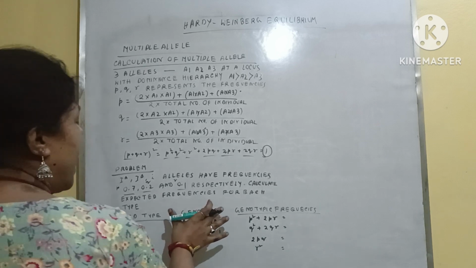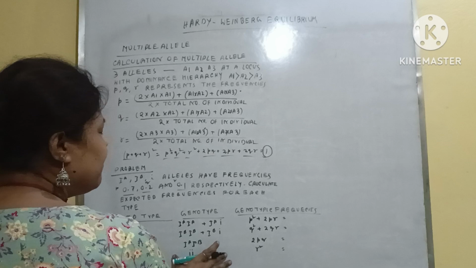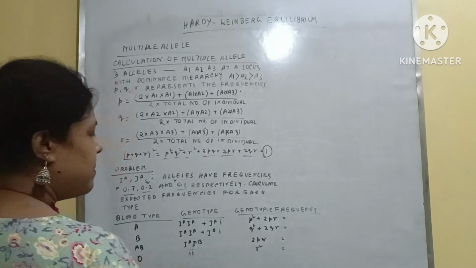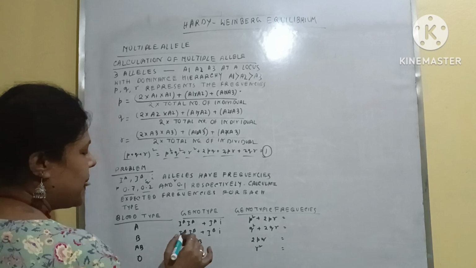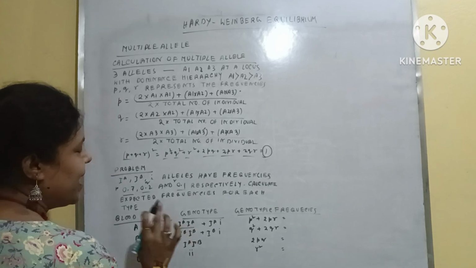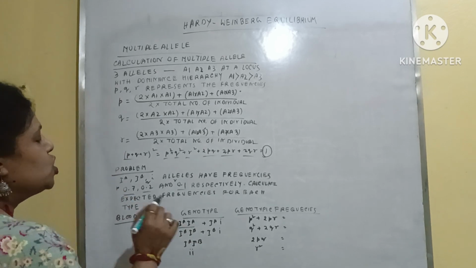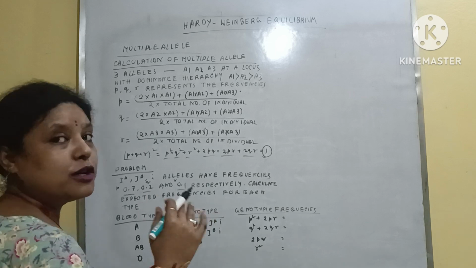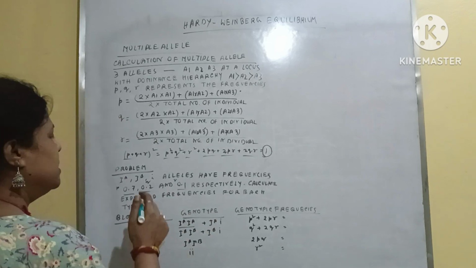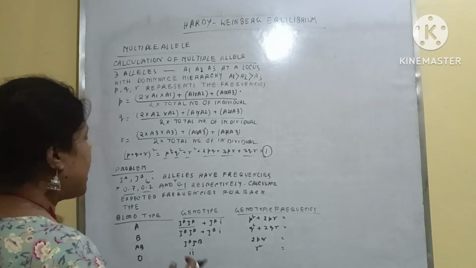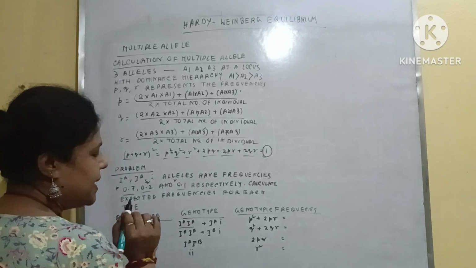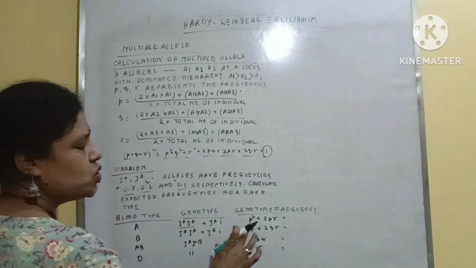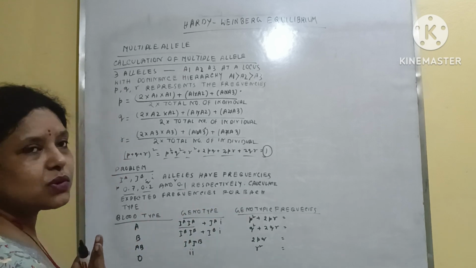So after identifying this genotype, now you can see how the frequencies come. IA value is small p, IB is small q and small i is small r. So here IA IA means p square, so I have to write p square.